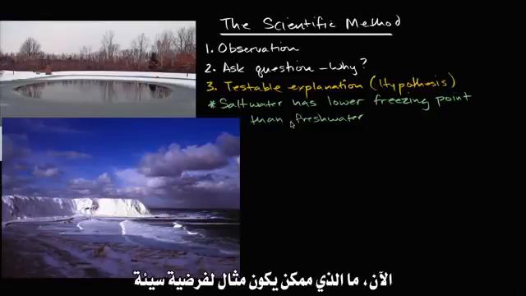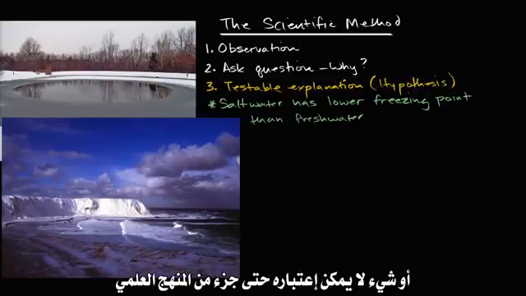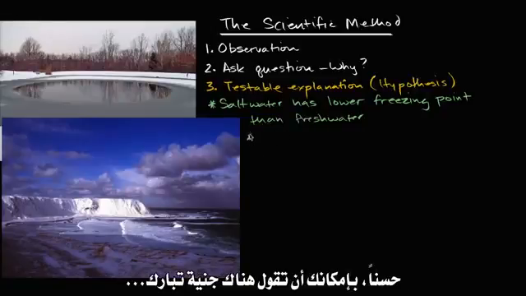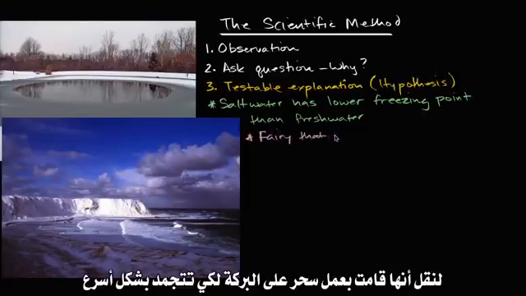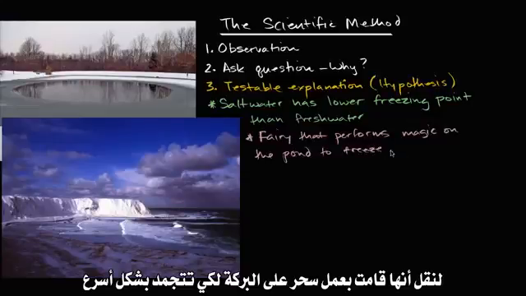Now, what would be an example of a bad hypothesis, or something that you couldn't even necessarily consider as part of the scientific method? Well, you could say that there is a fairy that performs magic on the pond to freeze it faster.